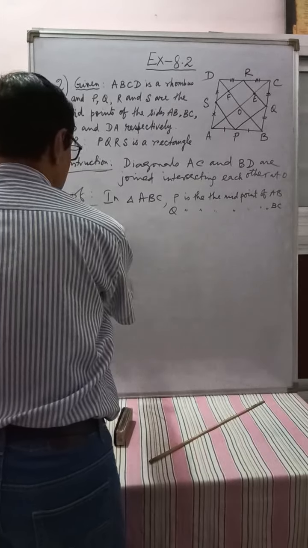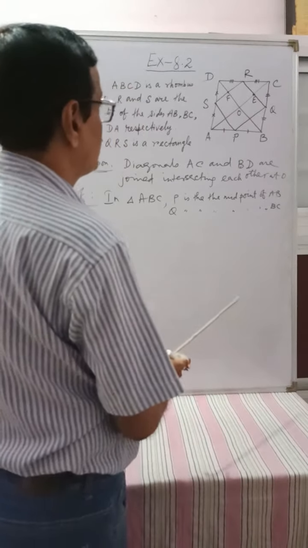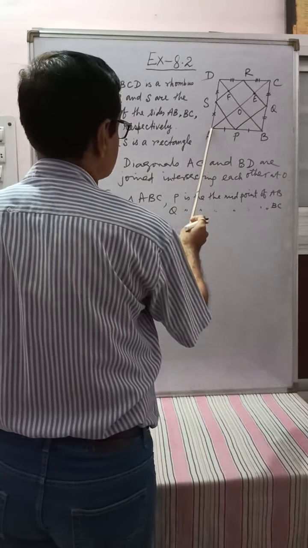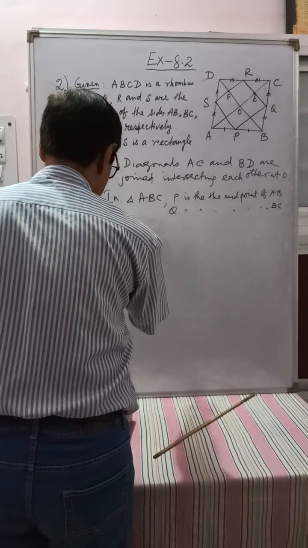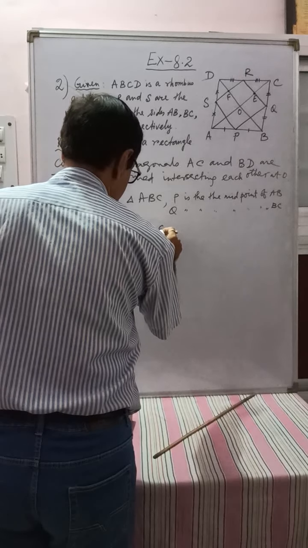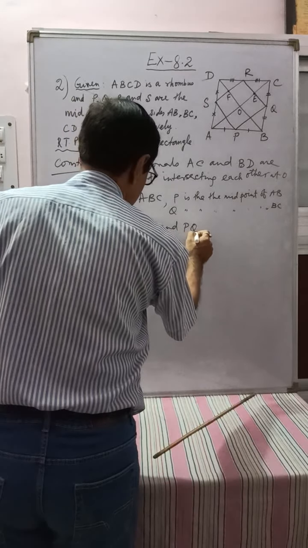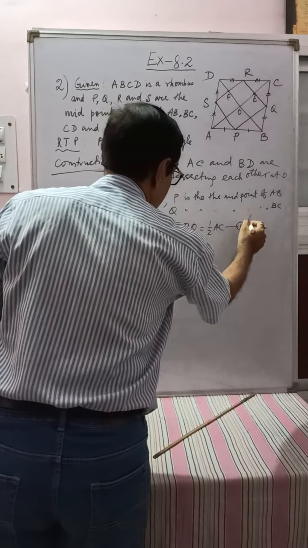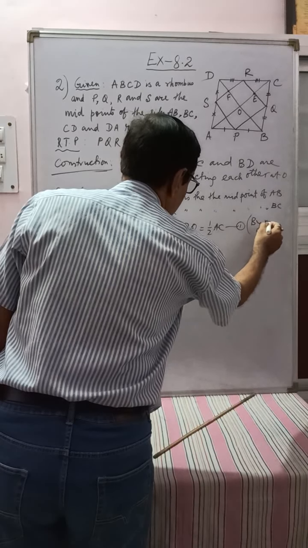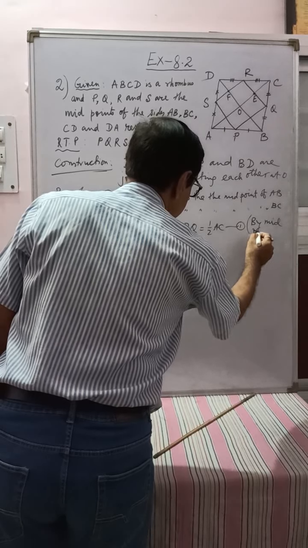So by the midpoint theorem, we can say PQ is parallel to AC, and PQ is equal to half of AC. Suppose this to be result 1 by the midpoint theorem.